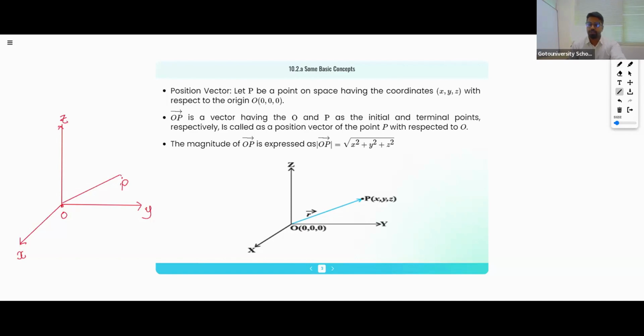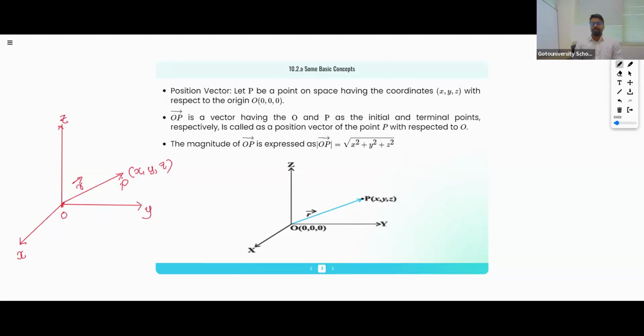If I don't do anything, it just remains a line segment. Now I'm going to give a direction for this. So OP becomes a vector, and the length of this vector, let it be represented by r. What are the three-dimensional coordinates of this P? x, y, z. Now, this OP becomes a position vector.